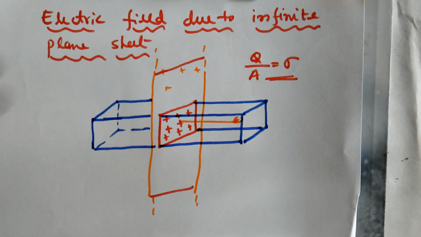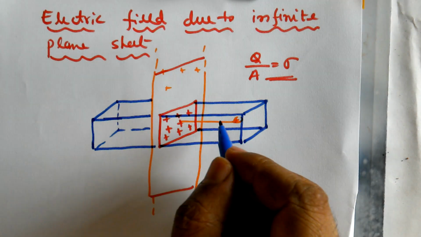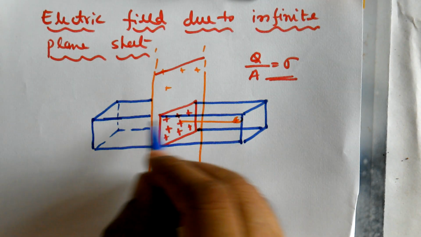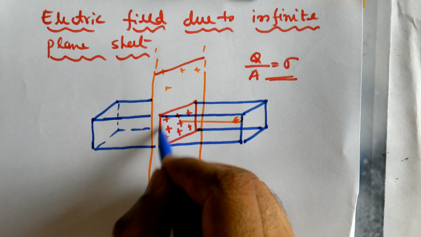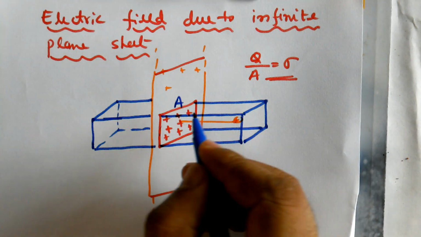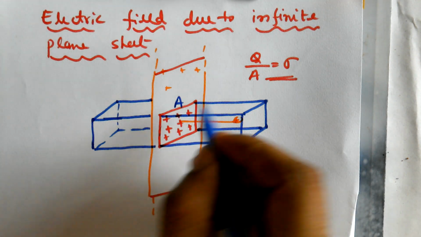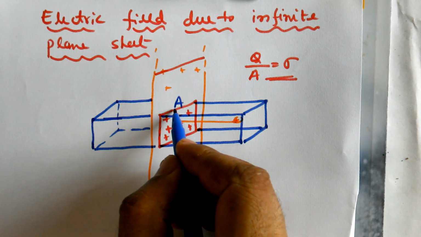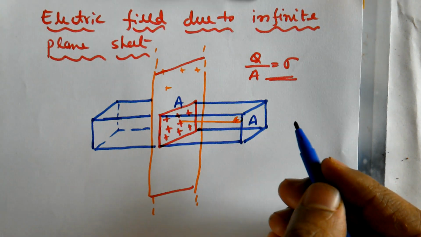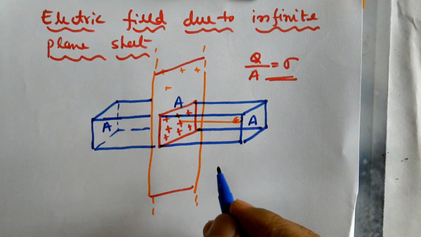Not cuboid, sorry, a rectangular box which covers this area A. If the area of this surface where Q amount of charge is distributed is A, then this side also should be A, and here also A.